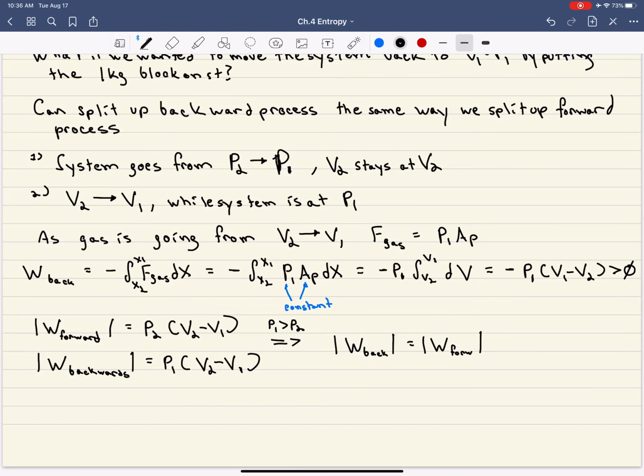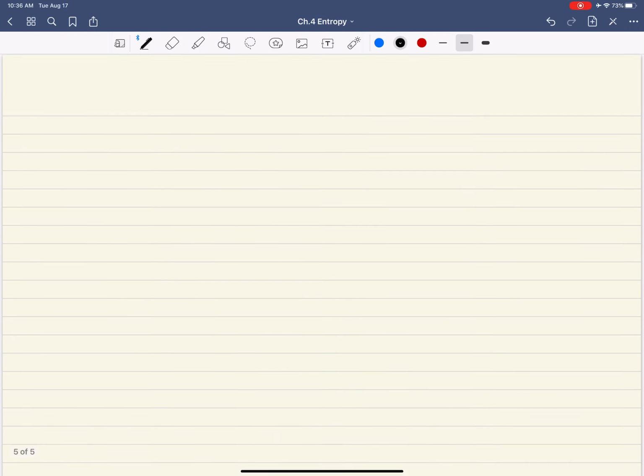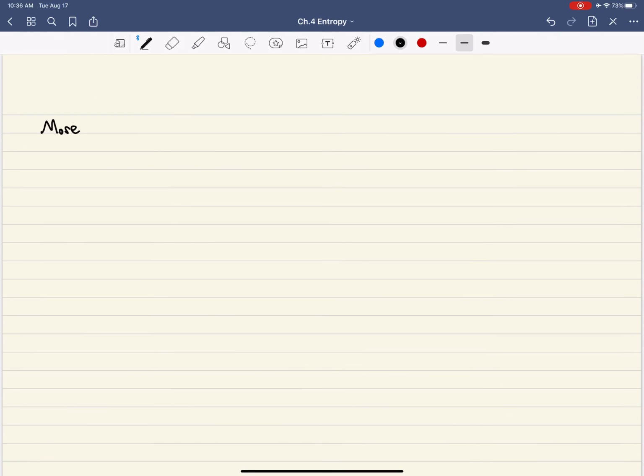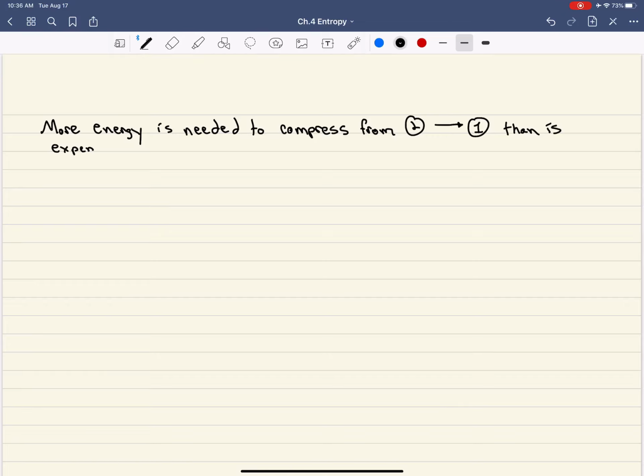Essentially what this means is that more energy is needed to compress the system from state 2 to state 1 than is expended when you go from state 1 to state 2.